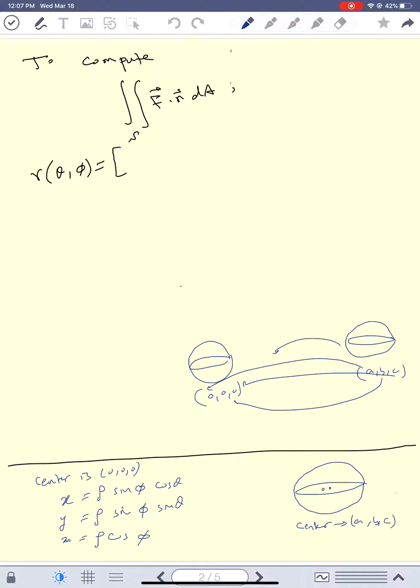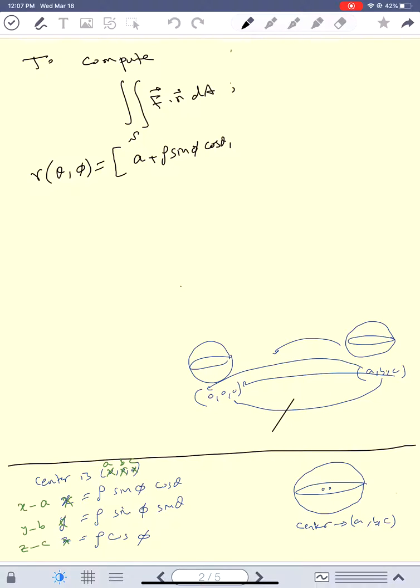So if the center was A, B, C, basically we say, okay, X minus A is this, Y minus B is this, and Z minus C is this. So X is A plus rho sine phi cosine theta.